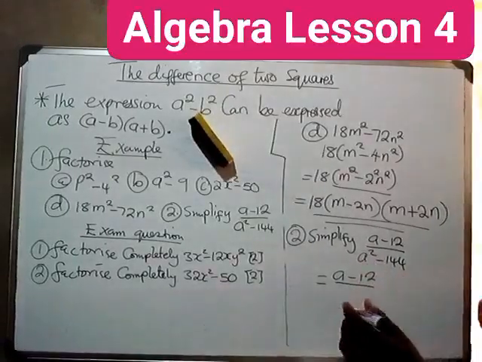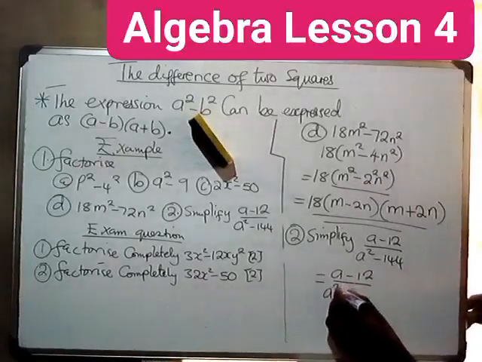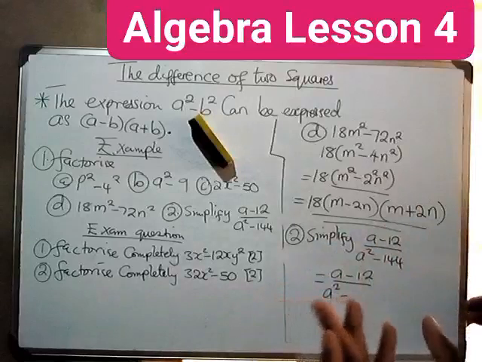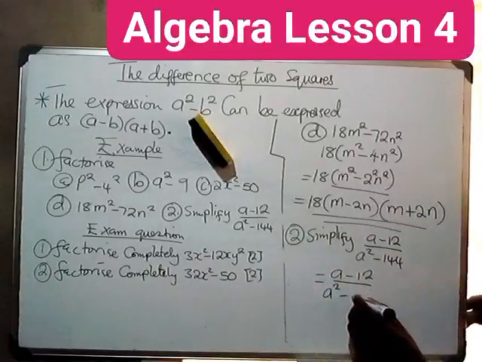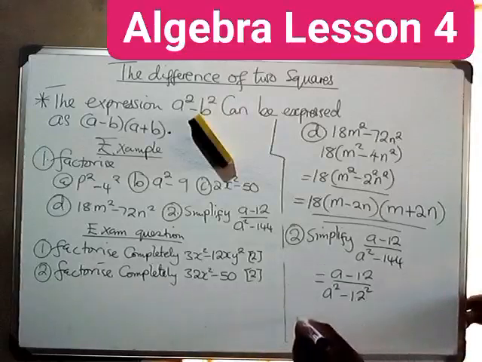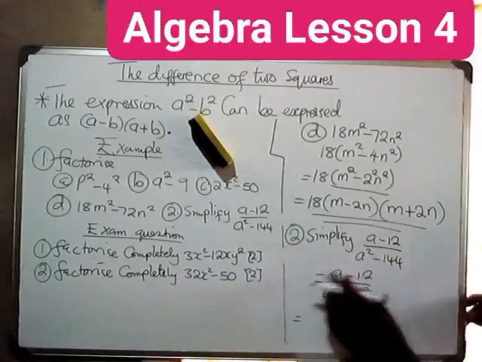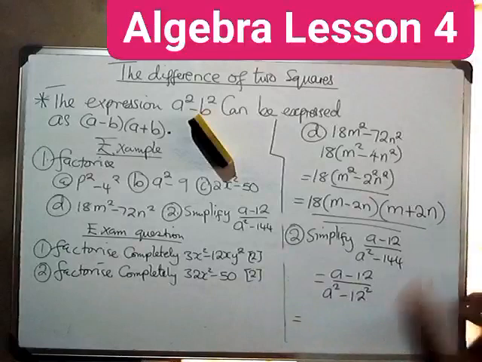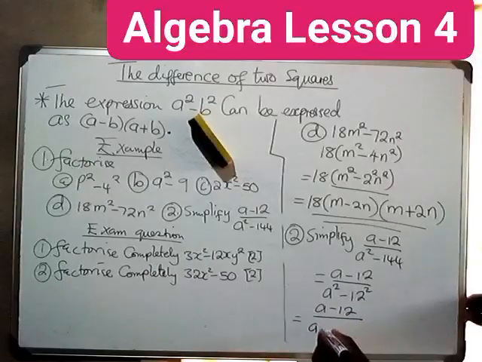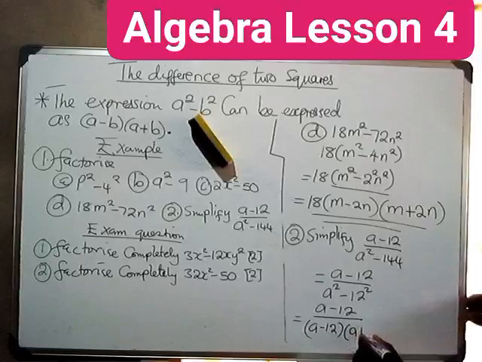But in the denominator, we have a squared minus 144. Remember, 144 has a square root of 12, so 144 can be written as 12 squared. So the denominator becomes the difference of two squares. So we are going to have a minus 12 over a minus 12, then a plus 12.